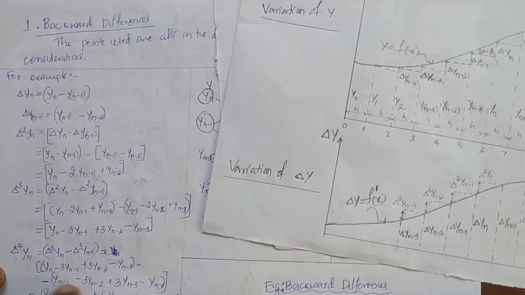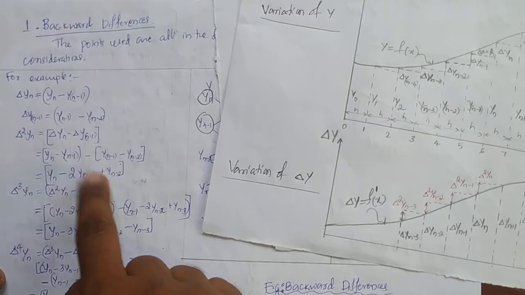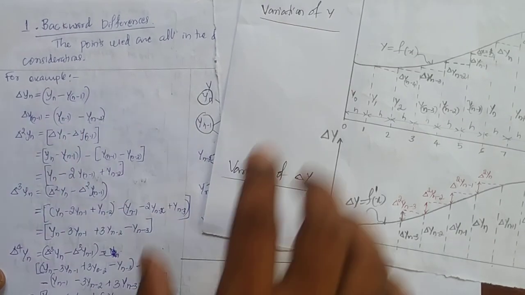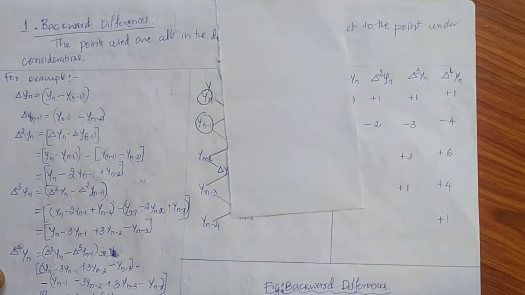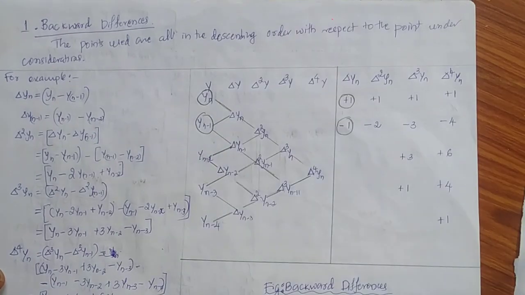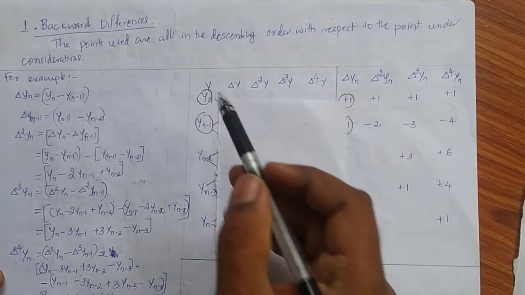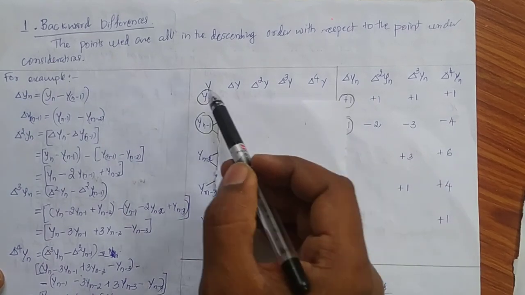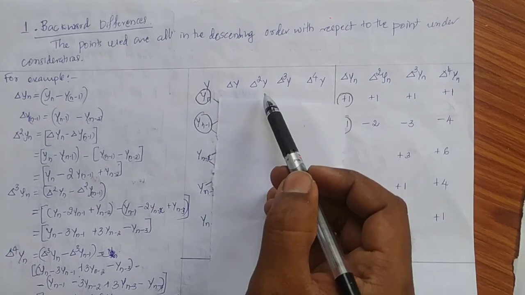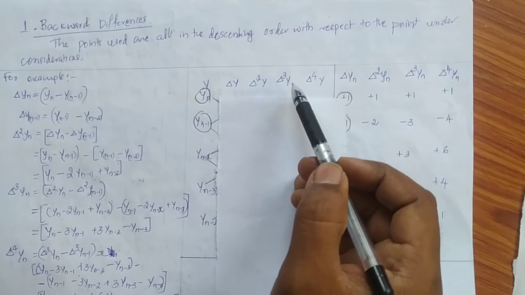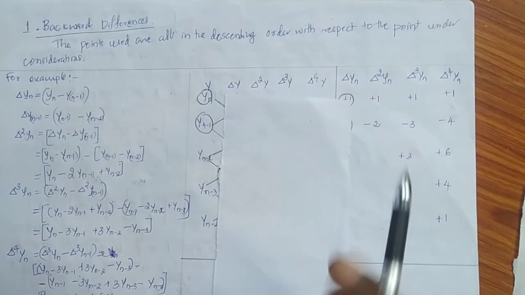So there are complex calculations involved here. In order to make it simple, you can have this kind of figure. You represent y value, first order difference, second order difference, third order difference, fourth order difference, like that.